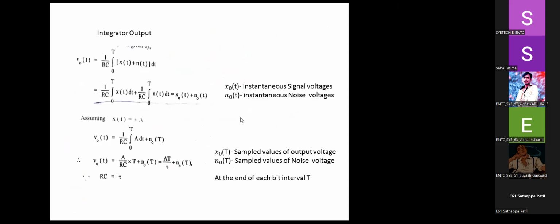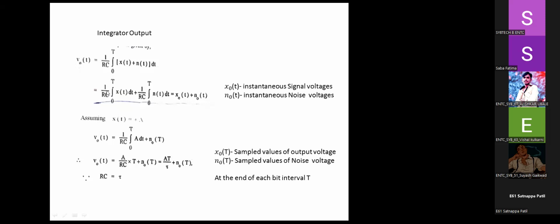The integrator output is nothing but the summation of your transmitted signal over a time interval, a period of 0 to T. When you simplify this expression, you get 1 by RC, a constant value given by your resistor and capacitor.